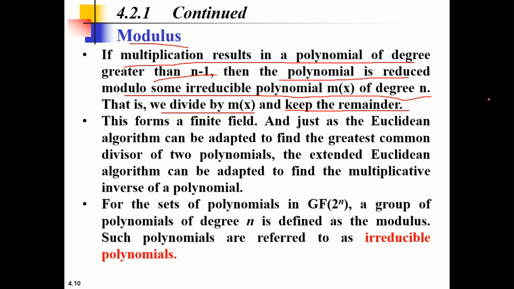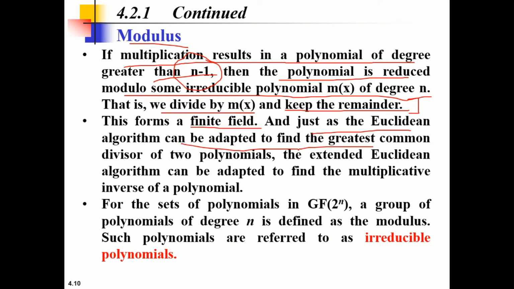Okay, so this remainder will give you a polynomial which will have a degree not greater than n minus 1.